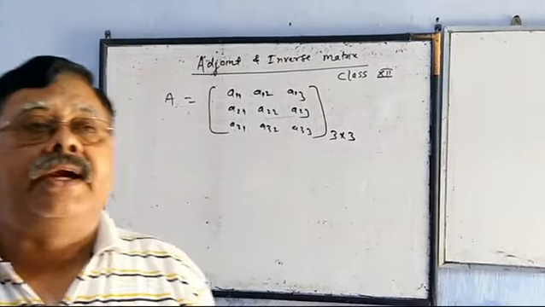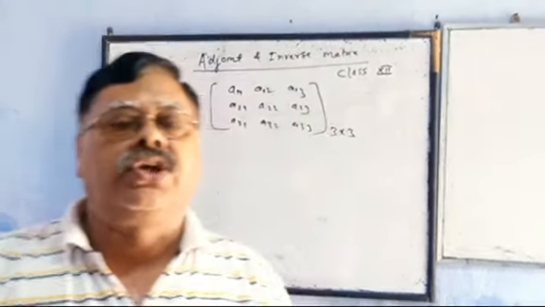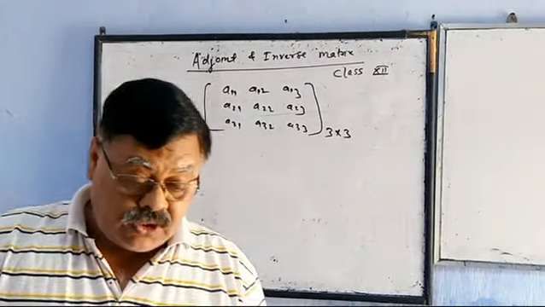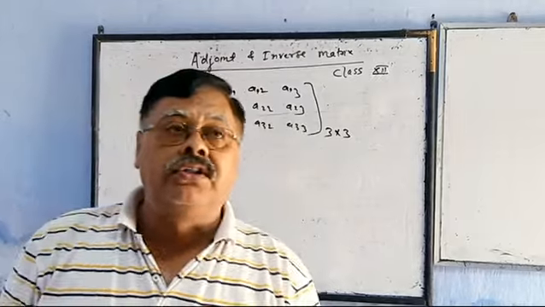To find the adjoint of this, first of all, we find the cofactors of all the elements.